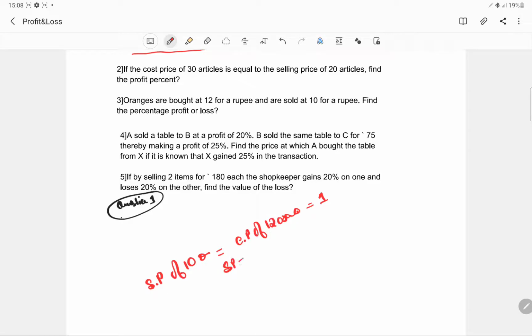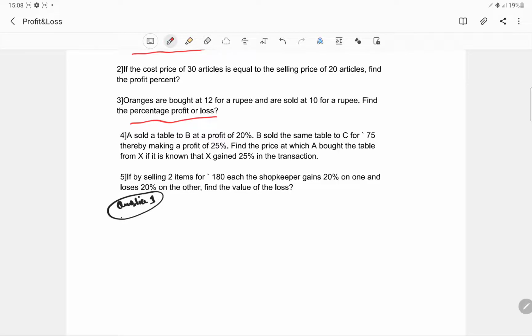So we can calculate the selling price of a single orange, that is like 1 by 10, and we can compute the cost price of one orange, and this is like 1 by 12. And on similar lines we can calculate the profit or the loss percentage. You can solve these. There is nothing difficult in that. This is just a basic calculation.